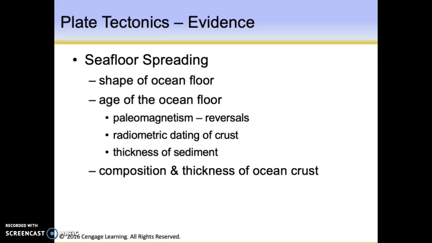Positive meaning they're pointing in the direction of the current magnetic field. Negative meaning they're pointing in the opposite direction of the current magnetic field. What do we do with this? Well, the geologists said maybe they have shared magnetism because they all formed at the same time. And maybe we can use this to determine the age of large sections of ocean floor.